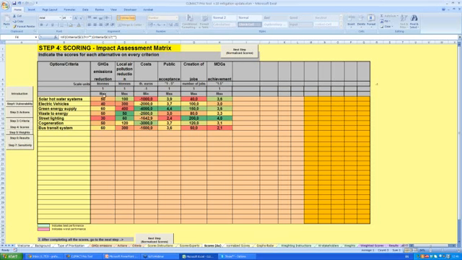Then just to add here that, of course, we have a simple version of the tool where we use a scale from 1 to 5 to show the relative score between the different actions.